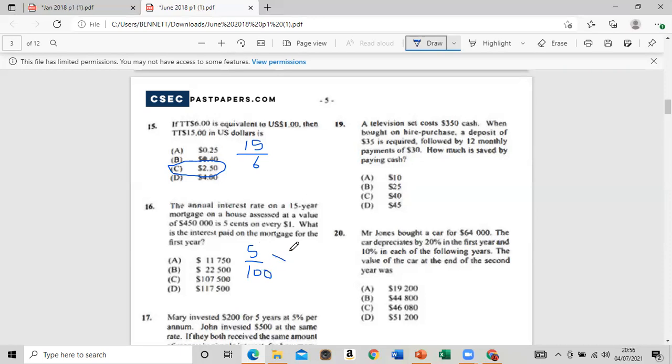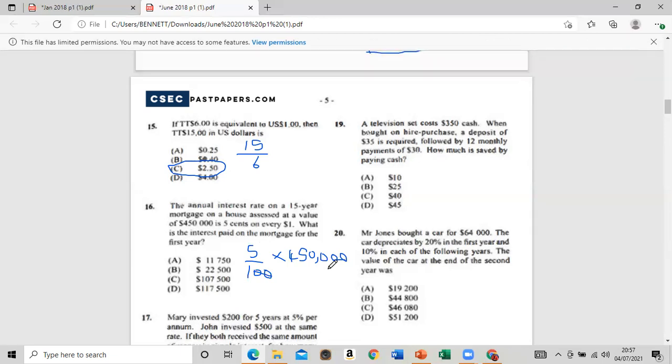Now times that by that. Times by 5. So, no, we can just work it for 450. Alright, so put down this: 450 times 5 over 100.